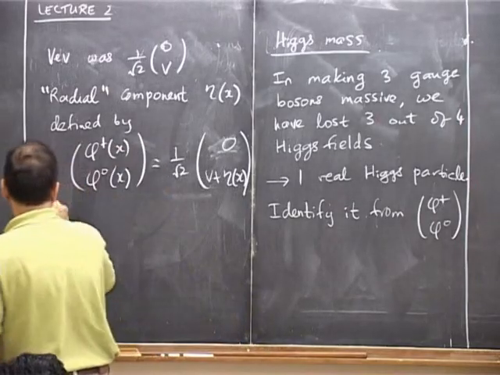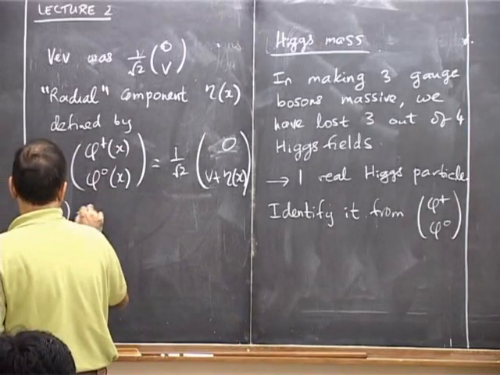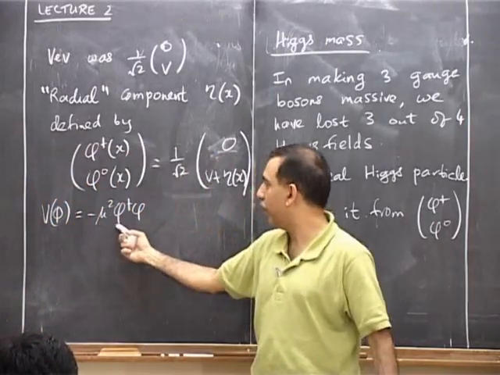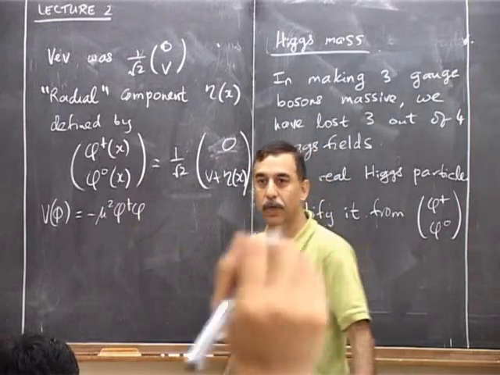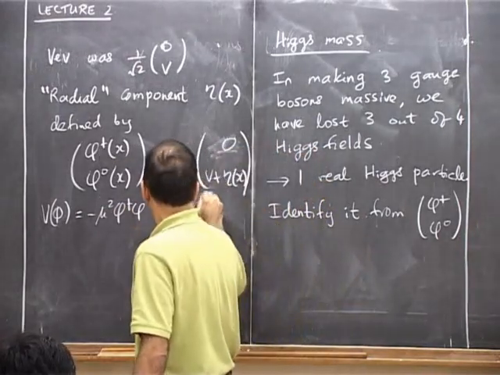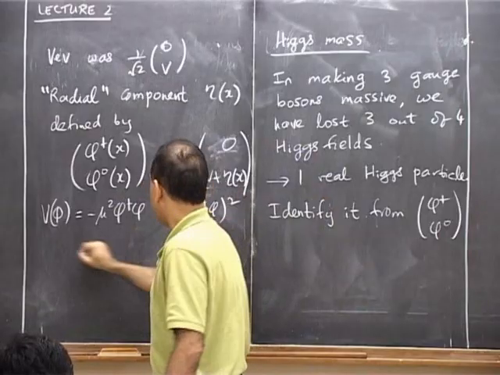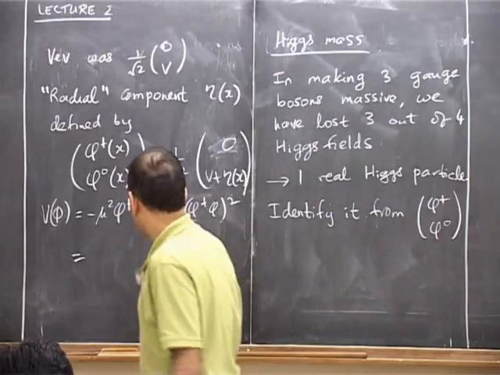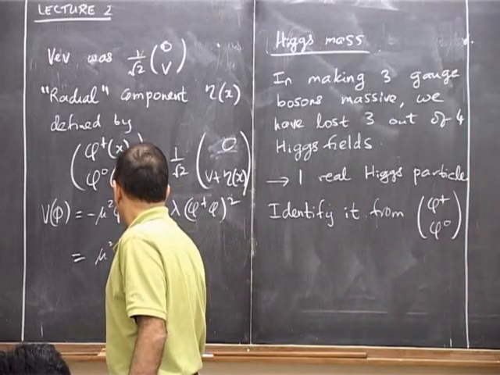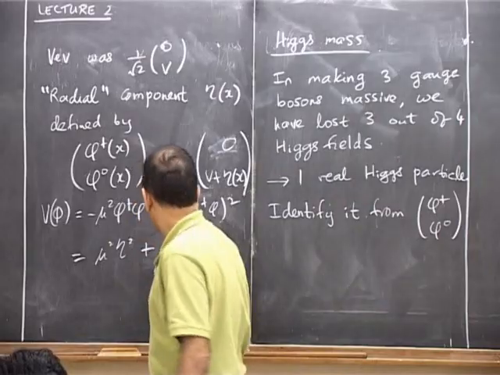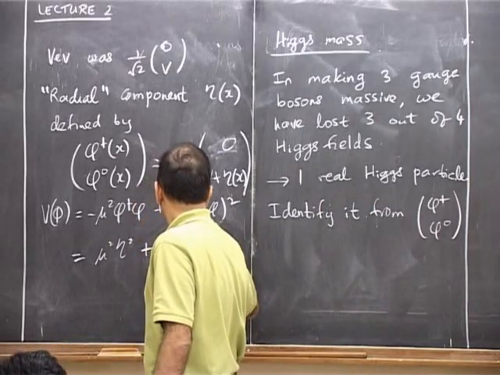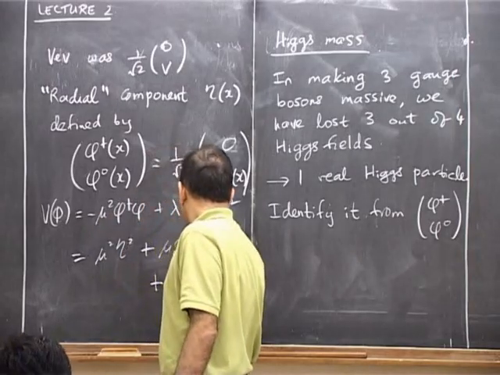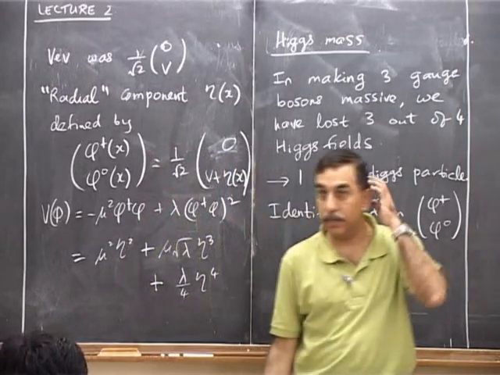How do we find out that? The potential of the Higgs was minus mu squared phi dagger phi. This phi, I hope you remember, is the notation for the 2-component object, and plus lambda phi dagger phi squared. So into this I plug in this form, I expand out, and at the end I get mu squared eta squared plus mu root lambda eta cubed plus lambda by 4 eta to the fourth.